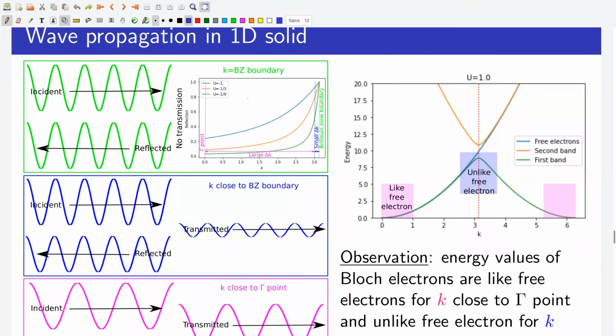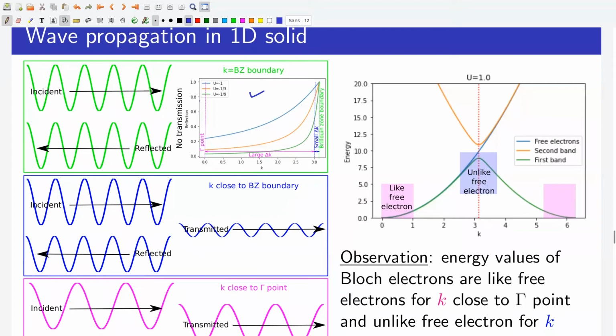In this slide, I summarize our main findings from the numerical codes. We have calculated reflection of Bloch electrons due to the periodic potential. We have found that how much of the incident wave is reflected depends mainly on the wave vector k of the Bloch electrons.